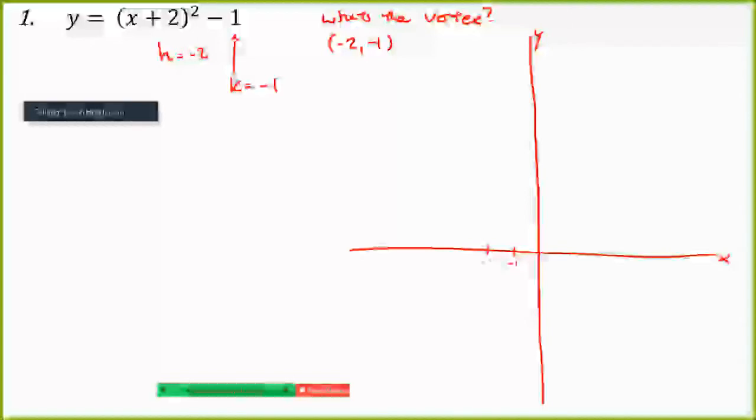So here's my -2 on x, and then my y needs to go down to -1. And I'm going to just put a few more spaces or units in there, right? So just keep going a little bit. It doesn't have to go on forever. -1, -2, -3, -4.